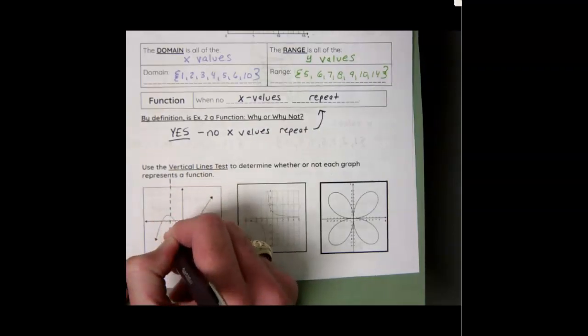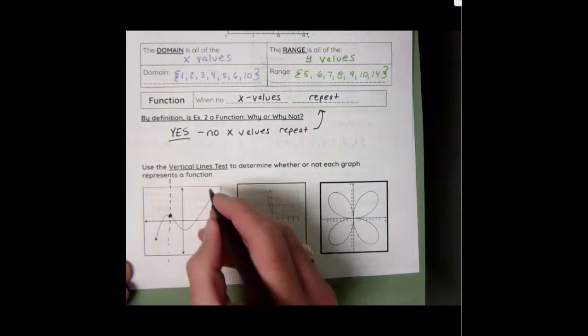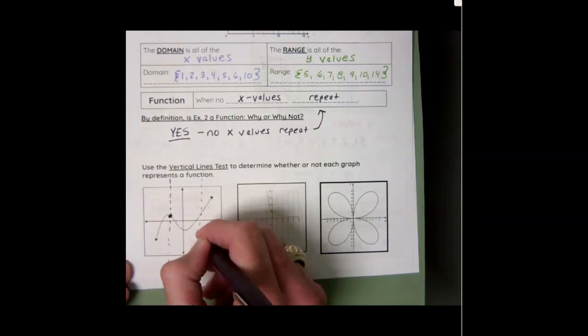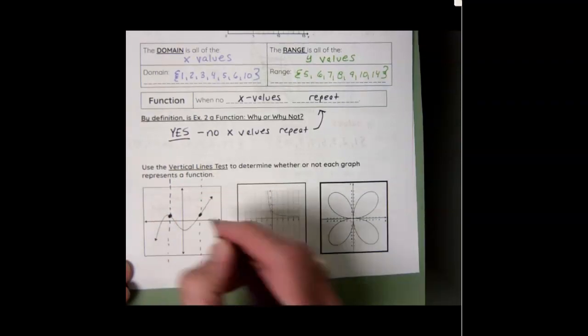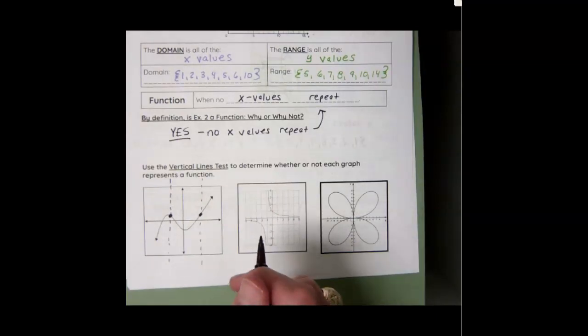Right here, still only one time. All the way down, only one time. If you want to draw it out, if that helps you, right there, it's only touching the graph one time. Right there, it's only touching the graph one time. So, because it is only touching the graph one time or less, this is a function.